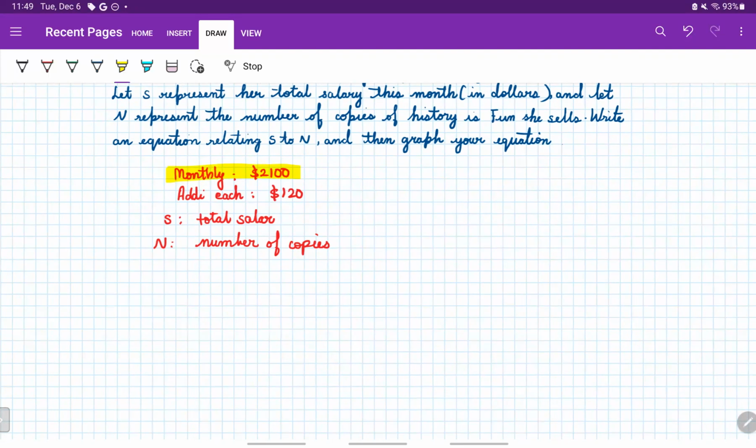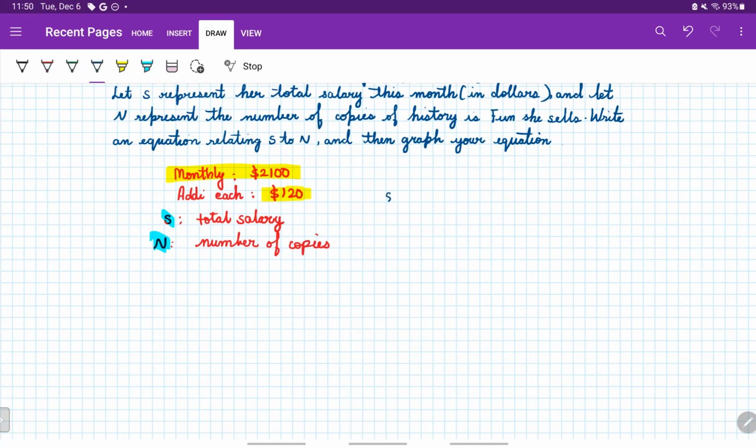And then we have additional money that she earns for each copy that she sells, which is $120. And then we are given both variable names, S and N, for total salary and the number of copies that she sells. So we want to know what is the total salary and how it relates with the number of copies that she sells.